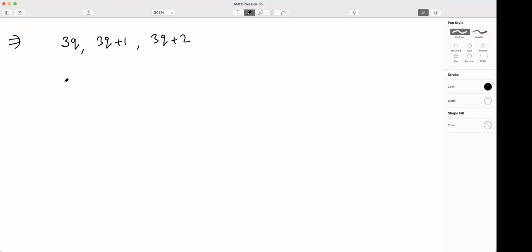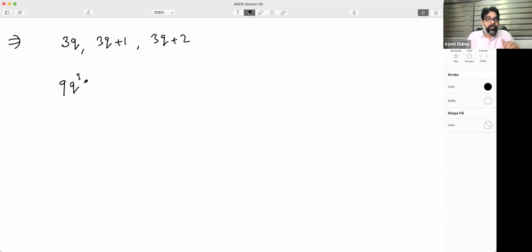If you cube it, the first term will become 27q cube, which is divisible by 9, plus 27q square plus 9q plus 1.